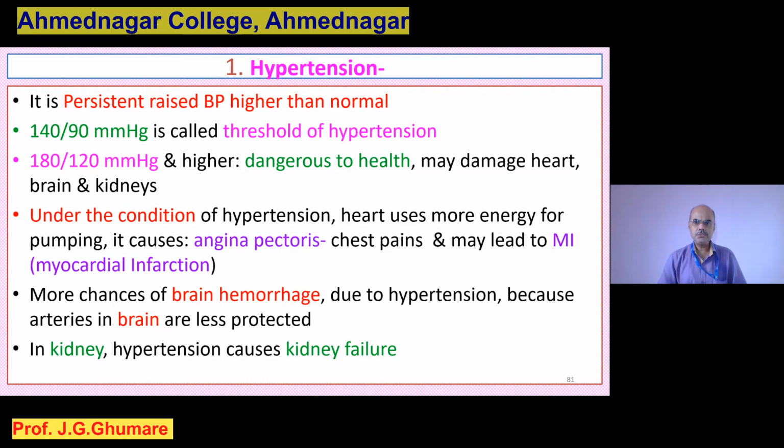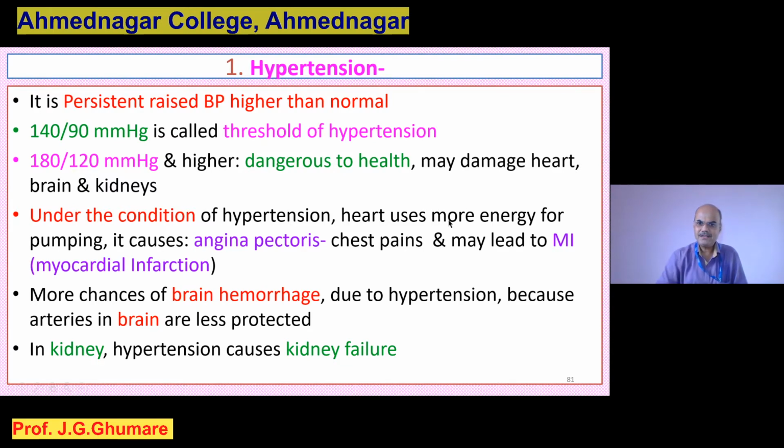This is dangerous to health, and may damage important organs like the heart, brain and kidney. So if anyone says yesterday my blood pressure was 200 by 130, either he is a liar or something else. Under the condition of hypertension, what happens?